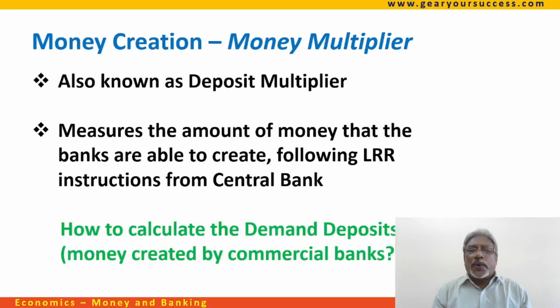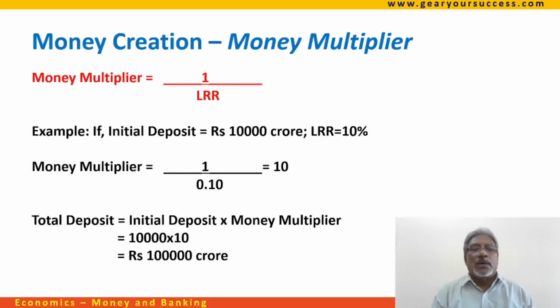Now, how to calculate the demand deposits or money created by commercial banks? That is what we are going to see now. In this entire chapter, you need to remember only one very simple equation: money multiplier is equal to 1 divided by legal reserve ratio.